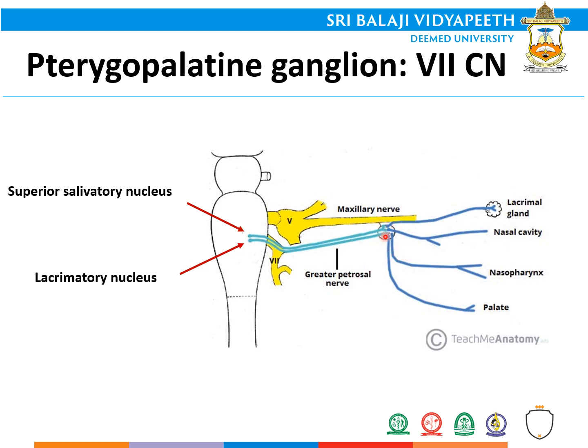So functionally, this pterygopalatine ganglia, though it is related to the seventh cranial nerve, topographically it is closely related only to the maxillary nerve. That is, it is attached to the maxillary nerve. And from the pterygopalatine ganglia, the postganglionic parasympathetic fibers go and supply the lacrimal gland, the nasal cavity, the nasopharynx, and the palate.